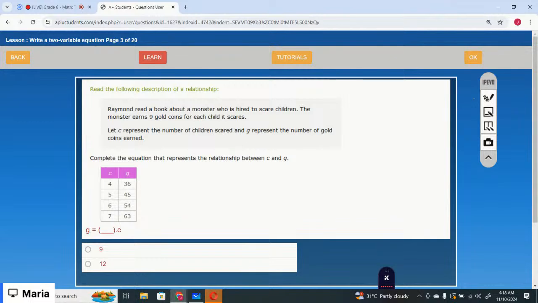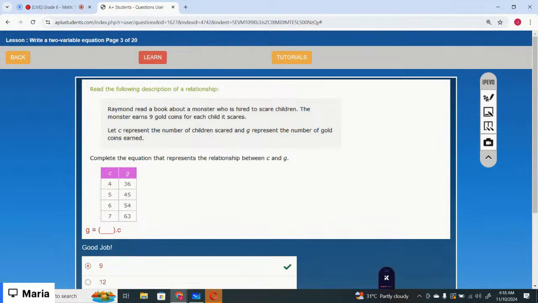That is G equals 9 times C, because 4 times 9 is 36, 5 times 9 is 45, 6 times 9 is 54. So, that is G equals 9 times C. Option number 1 is the correct option.